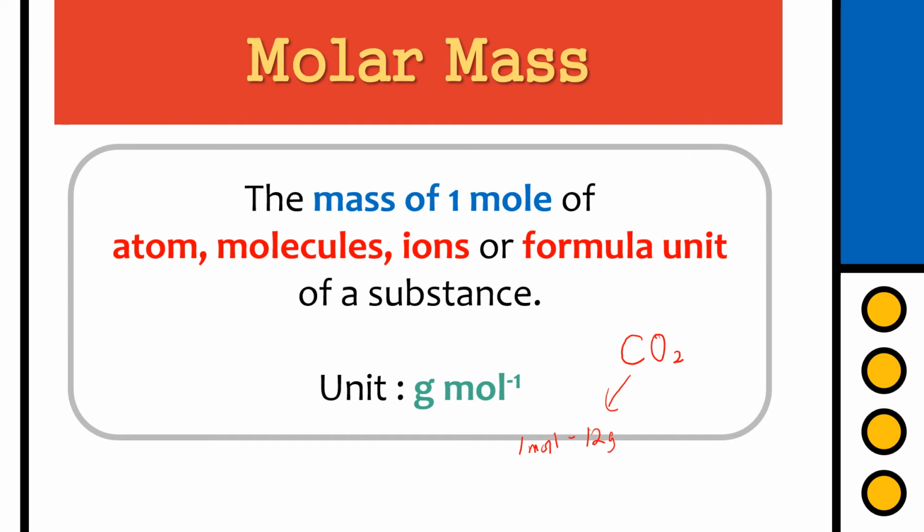Okay, and then oxygen. So, 1 mole oxygen atom berapa berat dia? 16 gram. So, kalau ada 2 mole oxygen, berapa berat dia? Dia akan jadi 32 gram.